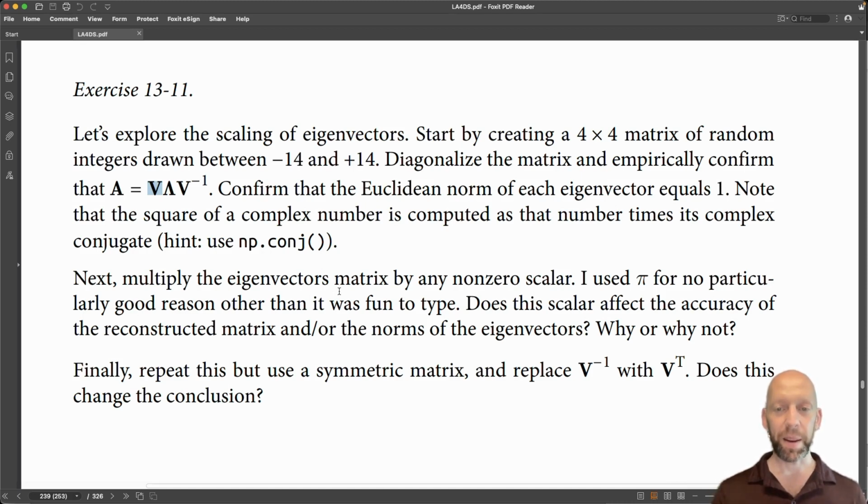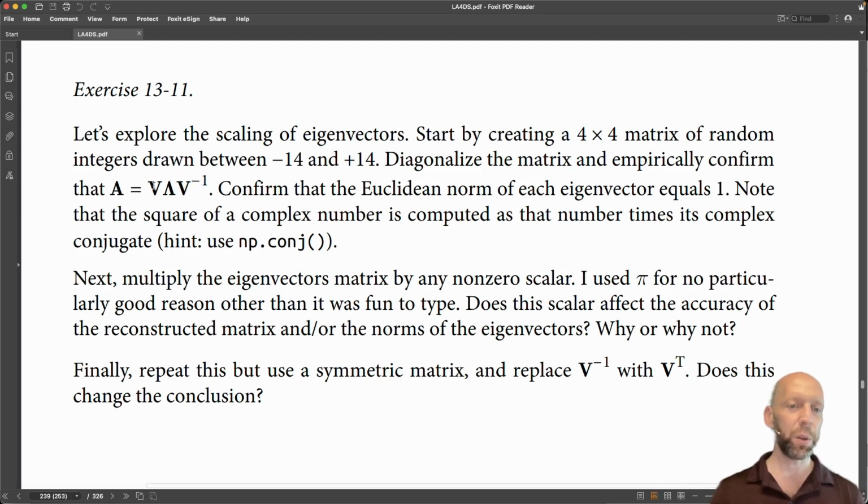Then, given that scaling factor, does it affect the accuracy of the reconstructed matrix and/or the norms of the eigenvectors? Just to make sure this is clear, we start off with a random numbers matrix of integers between minus and plus 14, compute its eigendecomposition, or diagonalize that matrix, and then multiply the matrix V by some arbitrary scalar, and then compute its inverse.